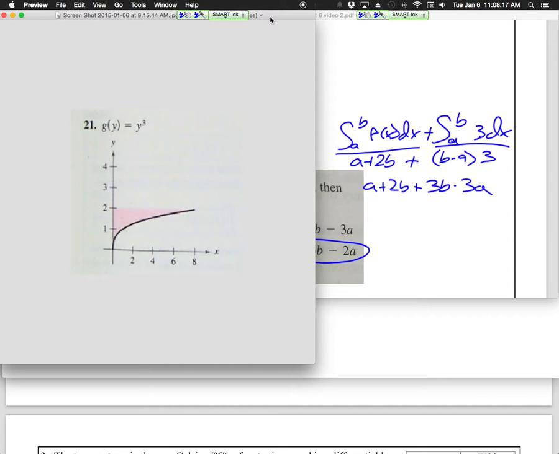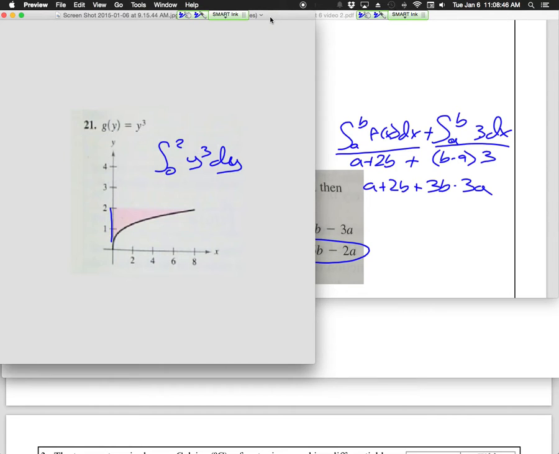All right, this one. 0 to 2, y cubed. It needs to be dy. Why is that one different? Because where's the area trapped? It's between the function and the y-axis.